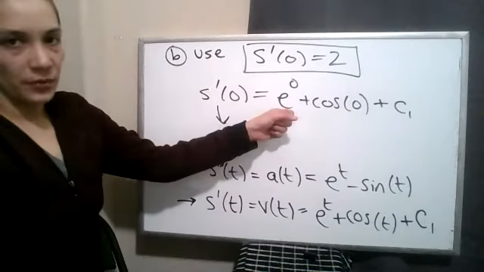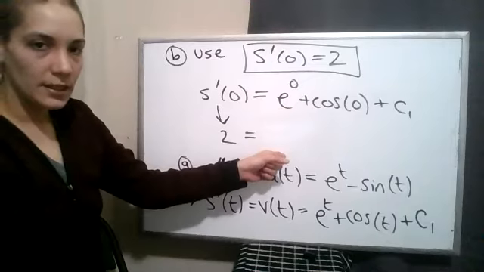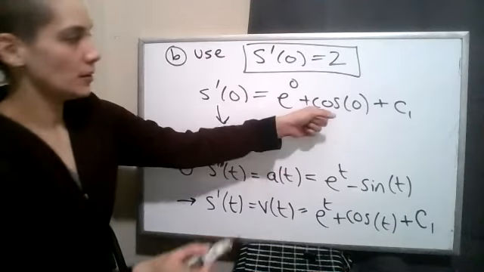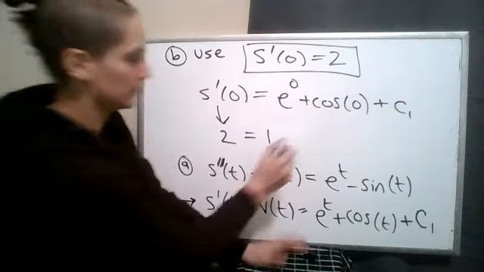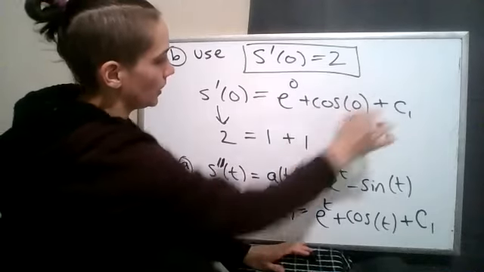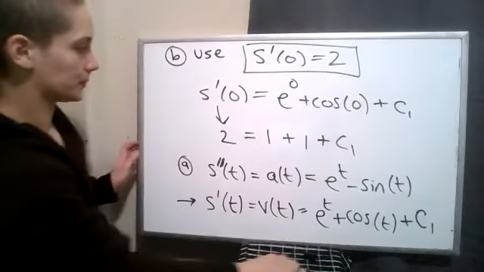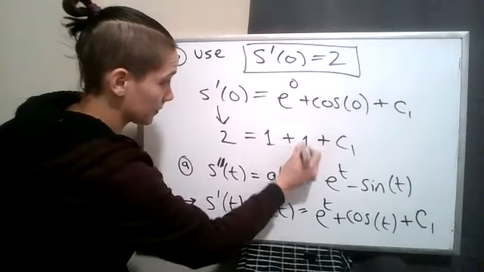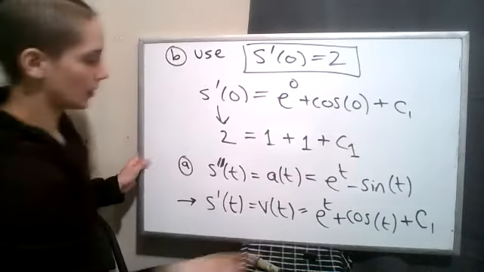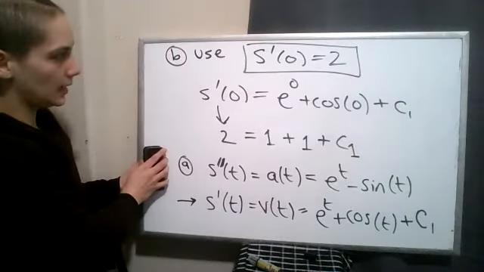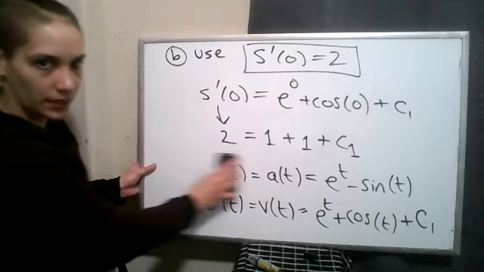This side we just simplify. E to the power 0 is 1. Cosine of 0 is 1. And then plus c sub 1. All right, and solve for c sub 1.